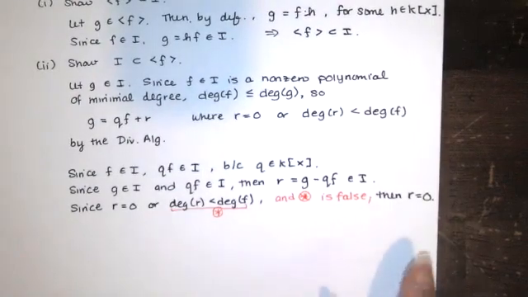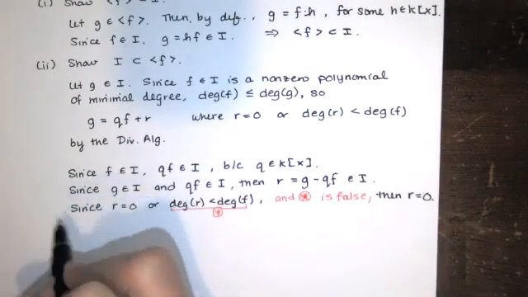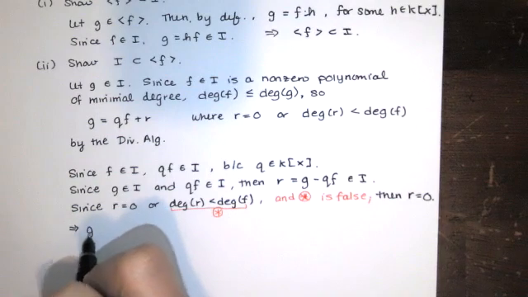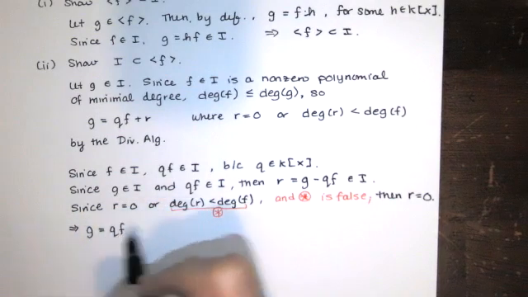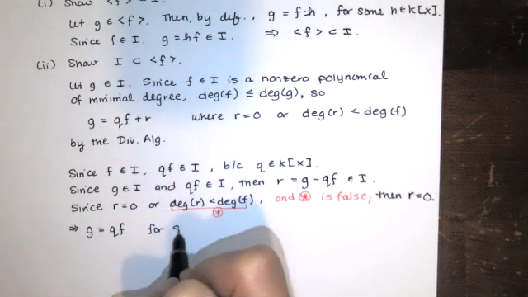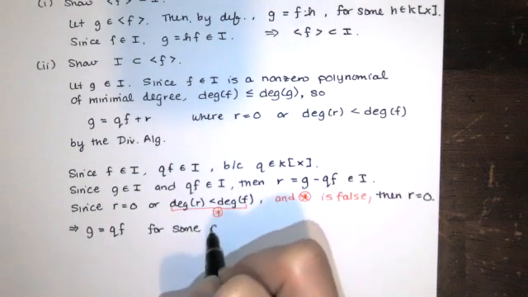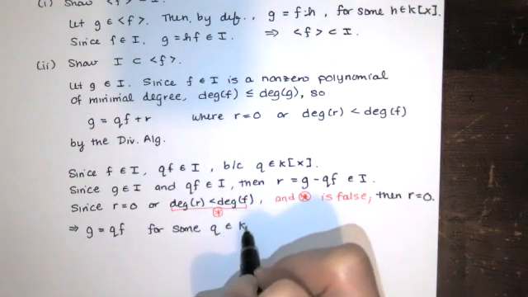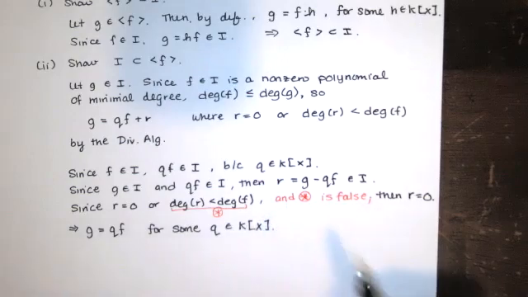Then we must have r equals 0. Well, if r equals 0, then we have g is equal to q times f for some q in our ring.